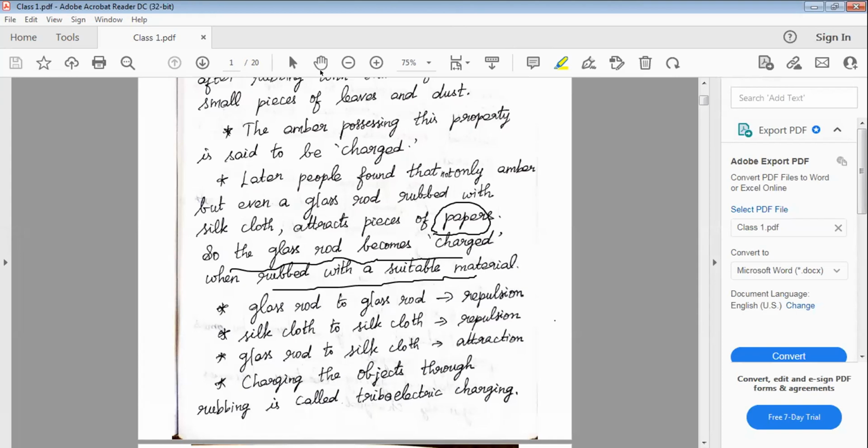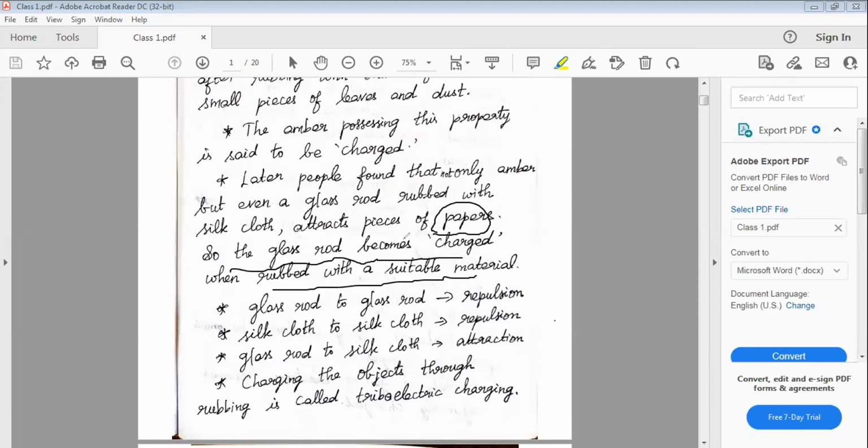Here, when you rub this glass rod with silk cloth, what is happening is that the normal uncharged glass rod becomes charged. The silk cloth is also charged, and the glass rod becomes charged too.